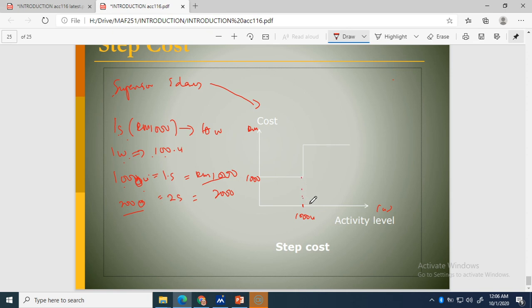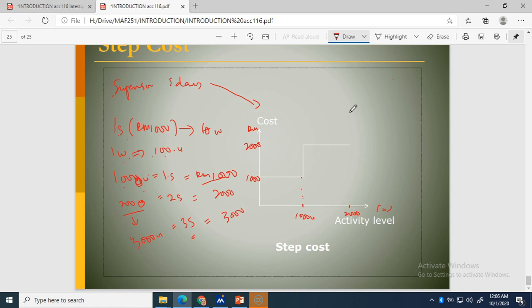After 1,000 units, when you want to produce more than that, you need more than one supervisor. That means two supervisors up to 2,000 units, so the salary will be 2,000.